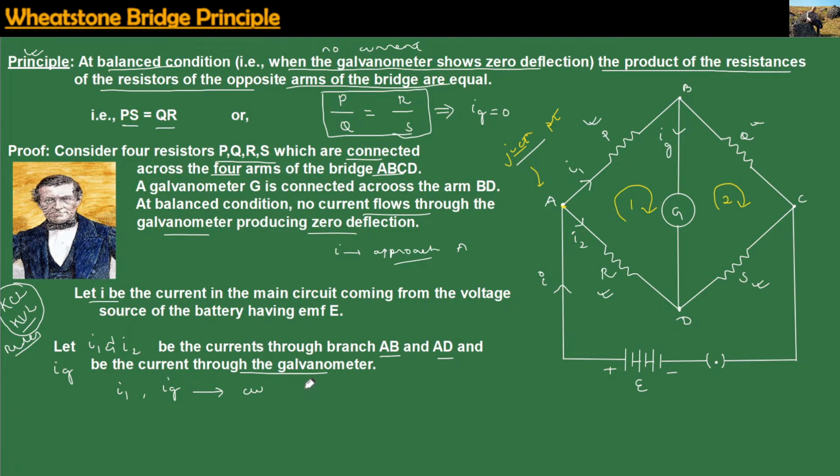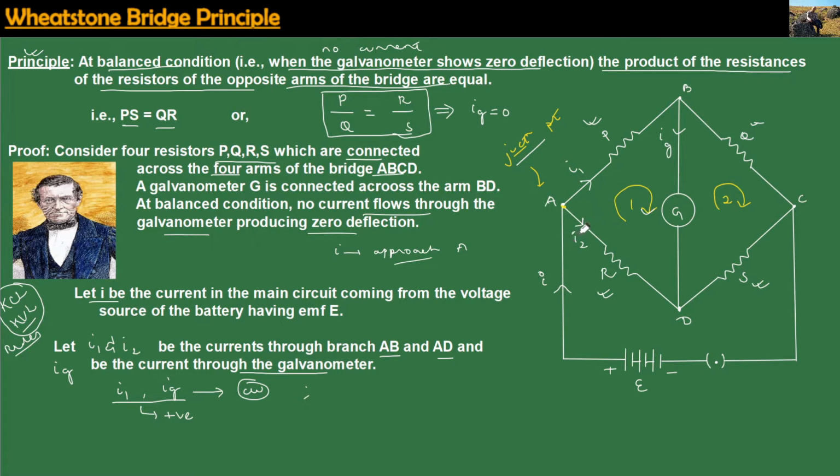This arrow represents the clockwise movement of the current with respect to junction point A. So I1 and IG will be clockwise, which means that according to the sign convention, I1 will be positive, and IG also will be positive, since they are clockwise with respect to point A.